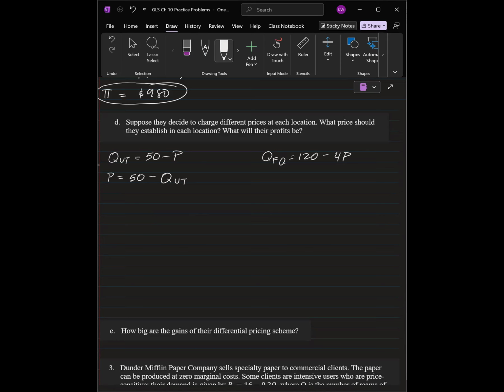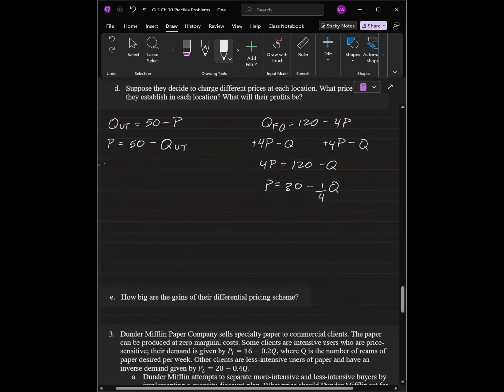So for the uptown demand curve, I just added price to both sides and subtracted quantity. For the French Quarter, we're going to add 4 times the price to both sides and subtract quantity. Okay. So that gives us 4 times the price equal to 120 minus Q, and then we'll divide both sides by 4. So we get price equal to 30 minus quantity times 1/4.